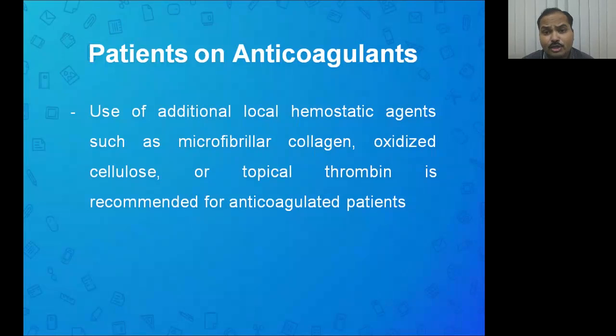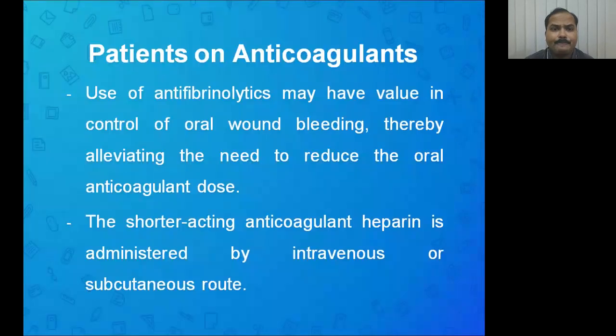The use of additional local hemostatic agents such as microfibrillar collagen, oxidized cellulose, or topical thrombin is recommended for anticoagulant patients. The use of antifibrinolytics may have value in control of oral wound bleeding, thereby alleviating the need to reduce the oral anticoagulant dose.